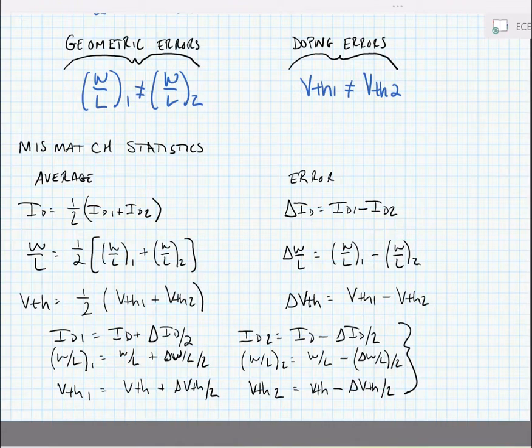And ID2 is equal to the average drain current minus delta ID over 2. And we can do the same thing for the geometry W over L1 and W over L2, and also the threshold voltage VTH1 and VTH2. Now it's important to note that the mismatch can be plus or minus, so the error is not signed here.